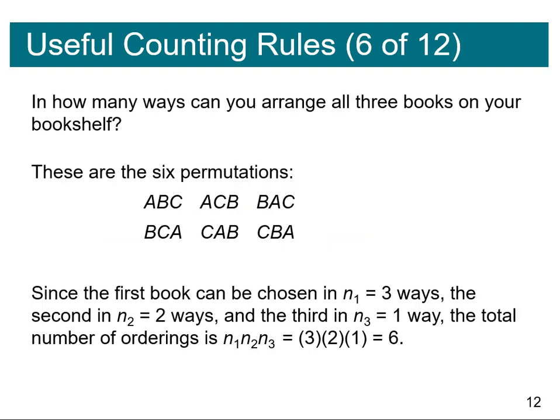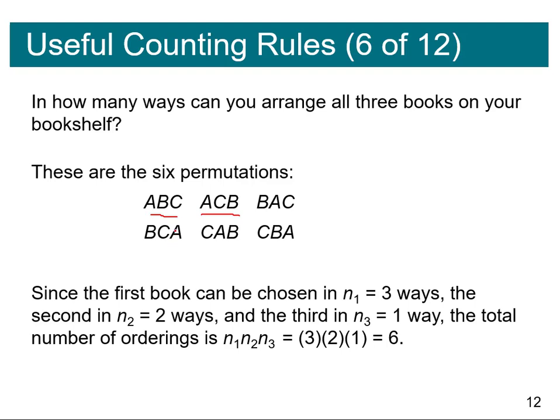Okay, another question. In how many ways can you arrange all 3 books on your bookshelf? These are called permutations again, because permutations are when the order that you write them in makes a difference. So you can write ABC, but you can also switch the order. That's the same books, but it's not in the same order.